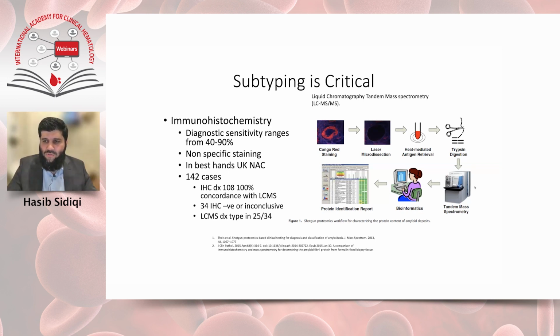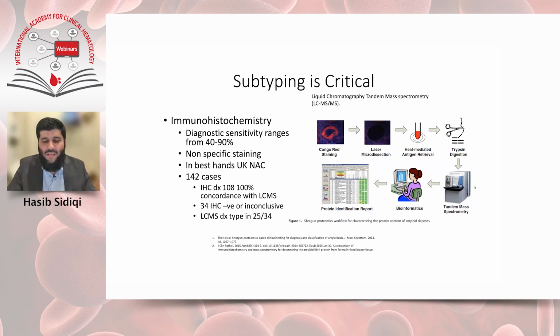There's an antigen retrieval step and a trypsin digestion step before running that sample through the mass spectrometer. This then is compared to a biobank of proteins found in human samples. And from there, we are able to identify which proteins are prevalent in that sample and get a definitive diagnosis of the subtype of amyloid.